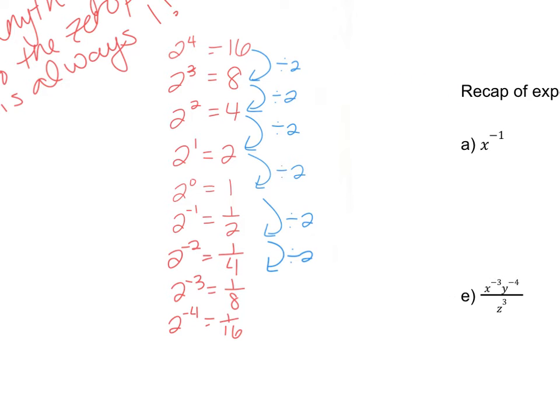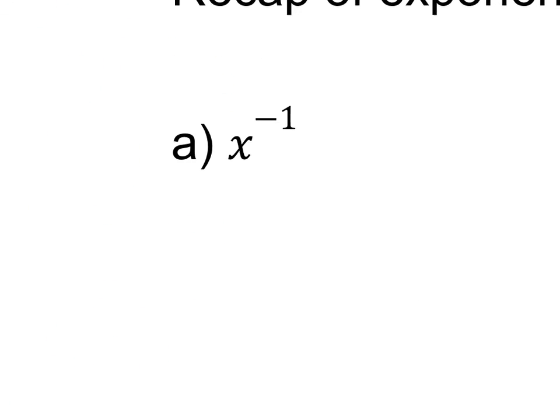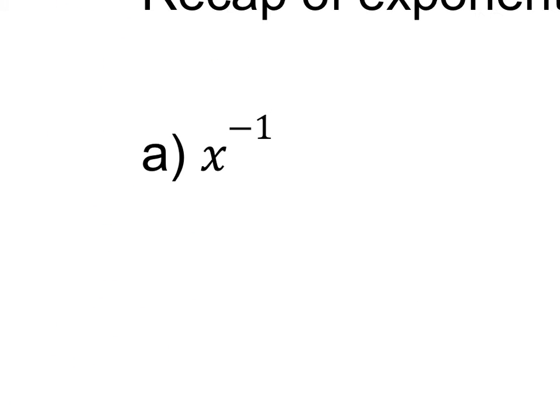Okay, so now let's do a problem. This is x to the negative 1 power. I'm going to put this over 1 because it helps you see a little better. Anytime you have a negative exponent, I always circle it, and that means I need to flip it to its reciprocal. So it would be x to the first on the bottom.